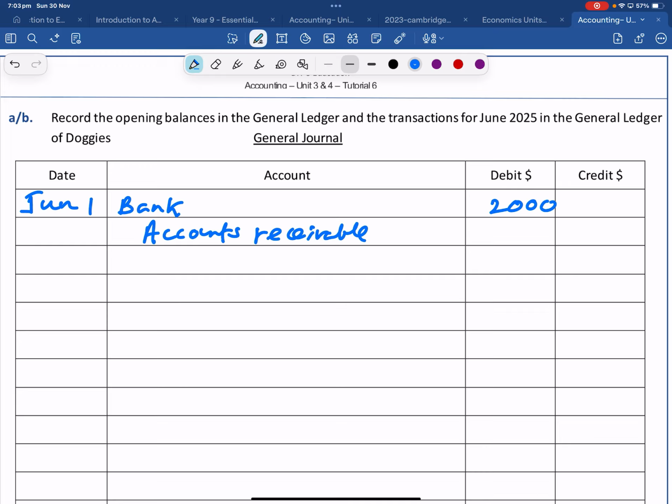It doesn't mean those two columns are missing, they are in your head now. Don't delete them from your head. Bank is an asset. Asset increases, debit. Accounts receivable is also an asset. Asset decreases, credit. Good.